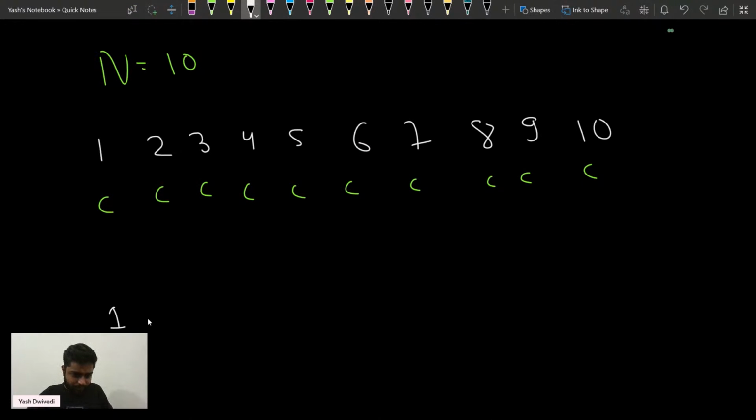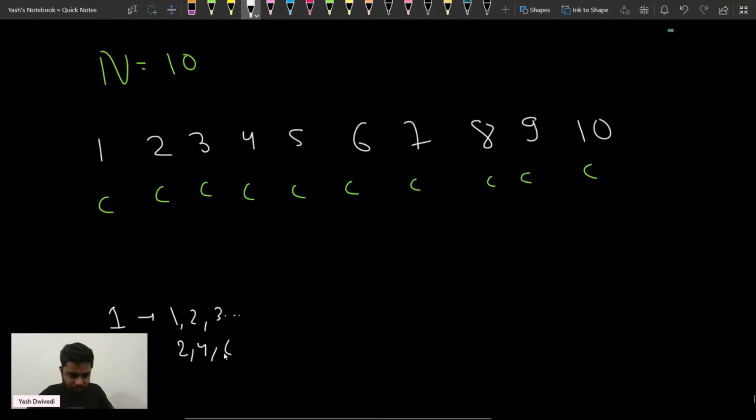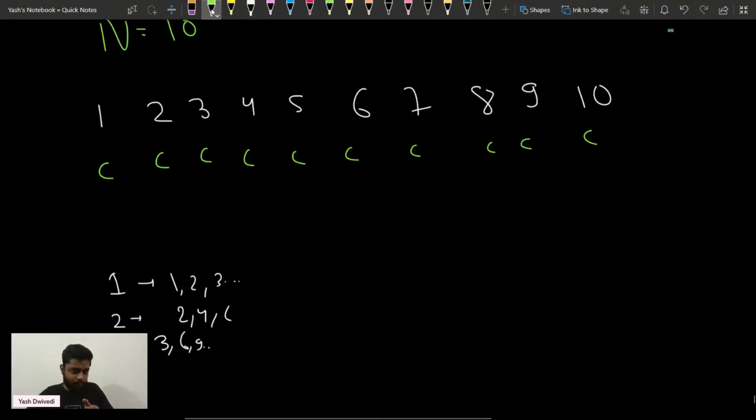For the first time you will do it for 1 2 3 4 etc. Then in the second time, you will do it for the door number 2 4 6. Then in the third time you will do it for the door number 3 6 9. So basically the multiples of that particular number that you are at. For one you will do it for all, then for two you will do it for all the multiples of two, then for three you will change it for the multiples of three.